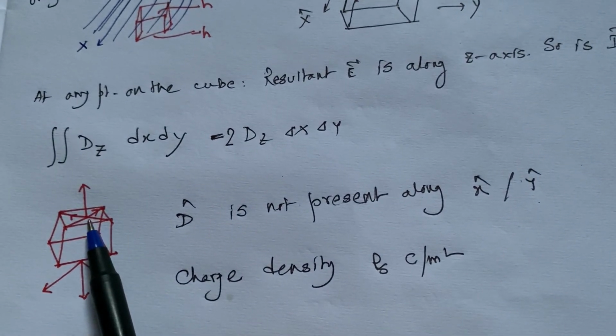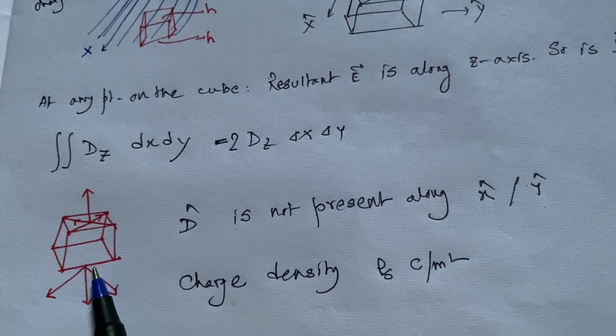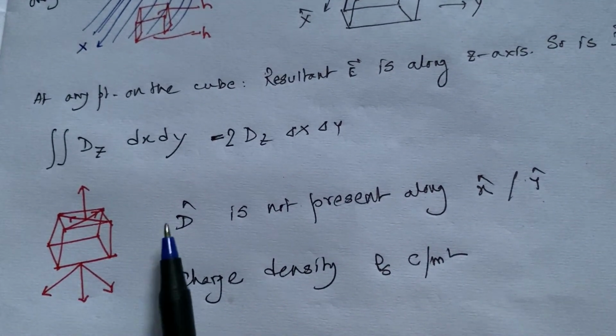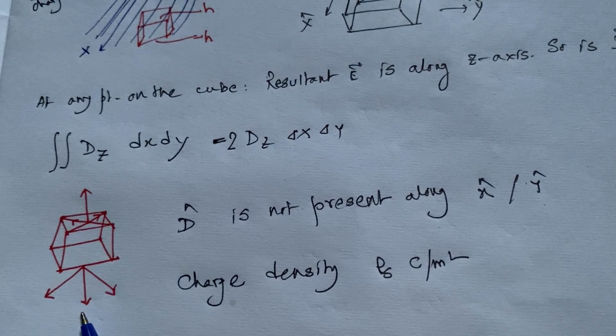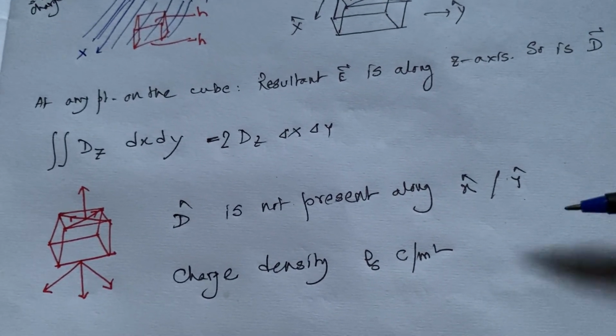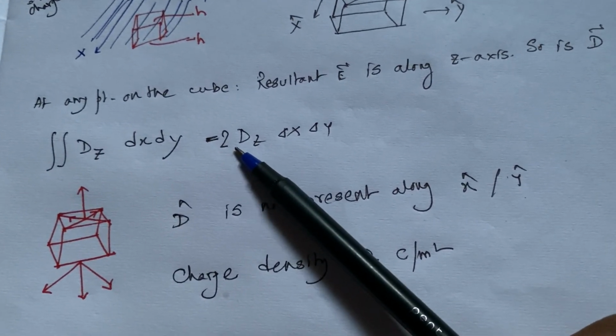Like the top surface, we also have a resultant electric field downward. Similarly, we have D also downward at the bottom surface, and those two will add up, and this is the reason for this factor 2.